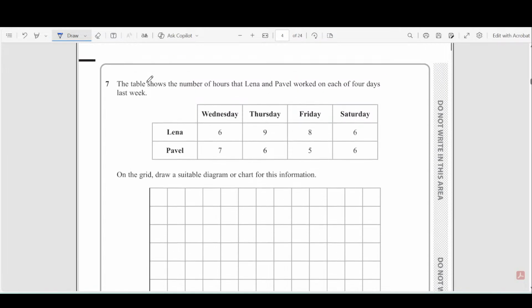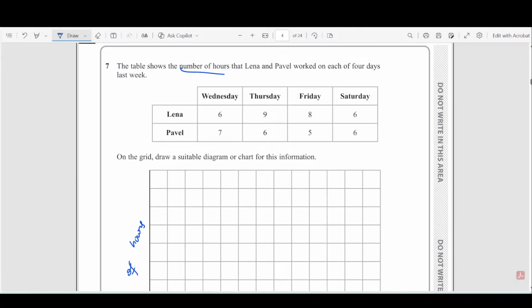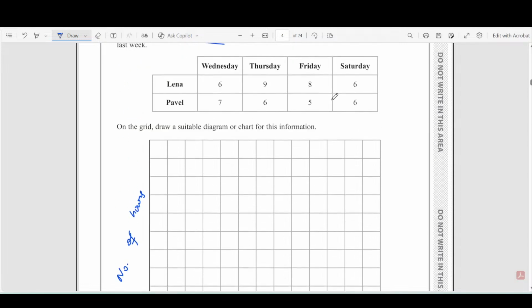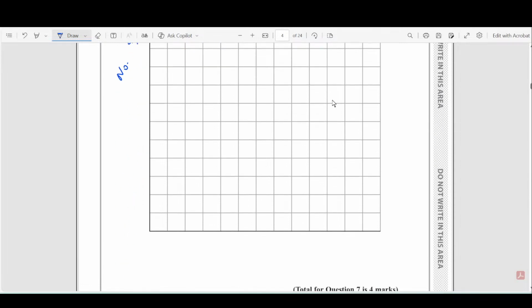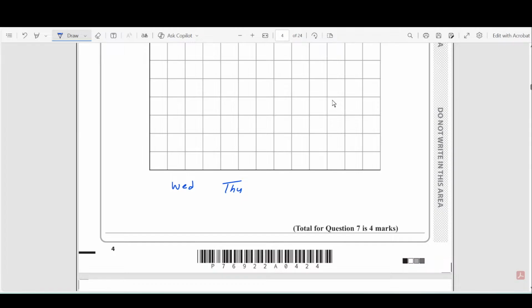Because this is showing number of hours, on the y-axis we can write number of hours. For the different days it is Wednesday, Thursday, Friday, and till Saturday it is given.